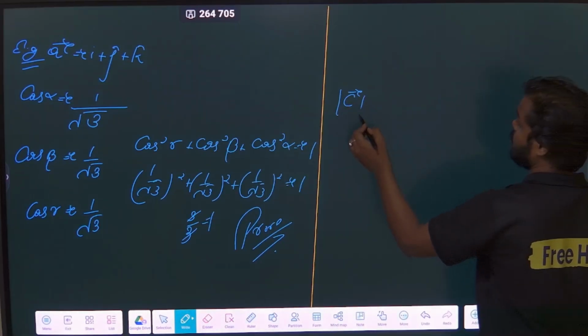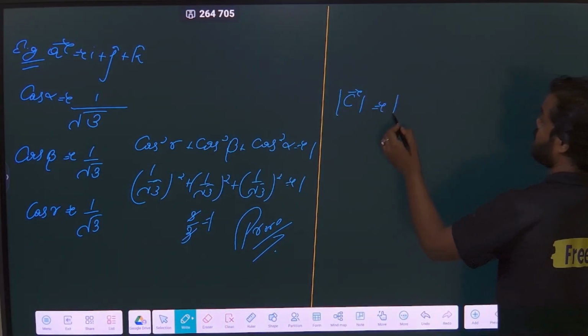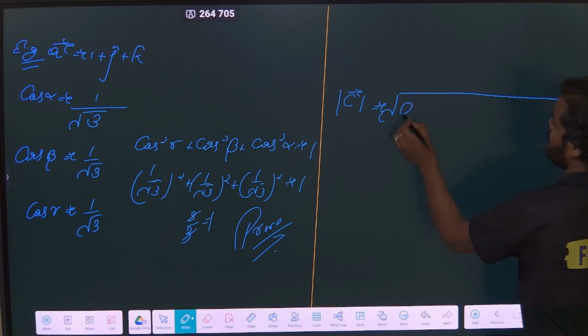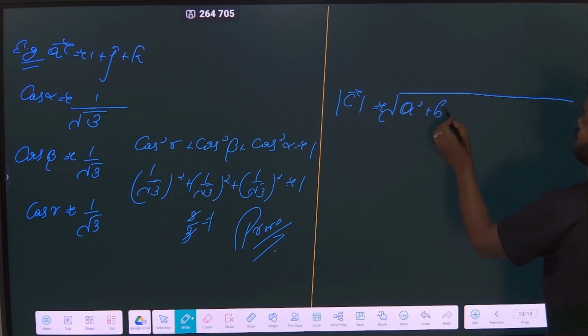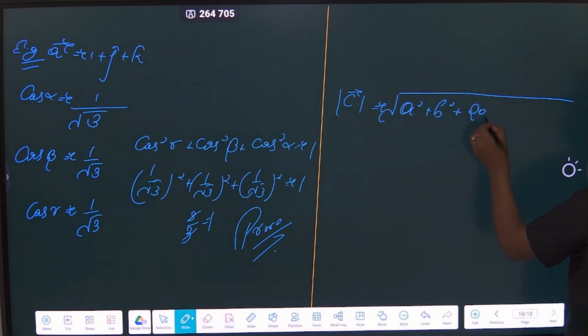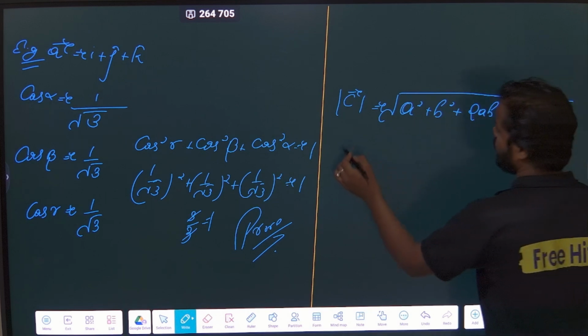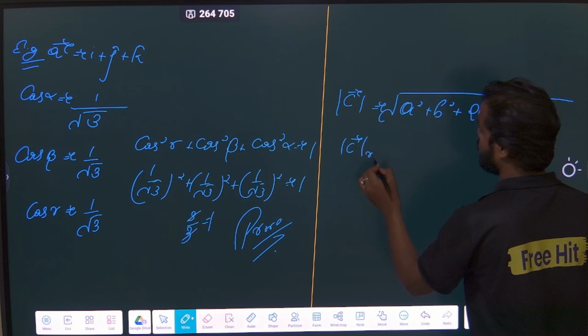We saw that mod of the resultant C vector is defined as the square root of a square plus b square plus 2ab cos theta. When is mod of C maximum?